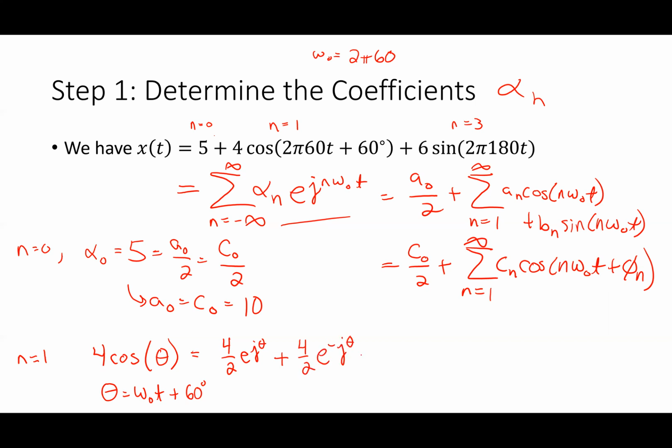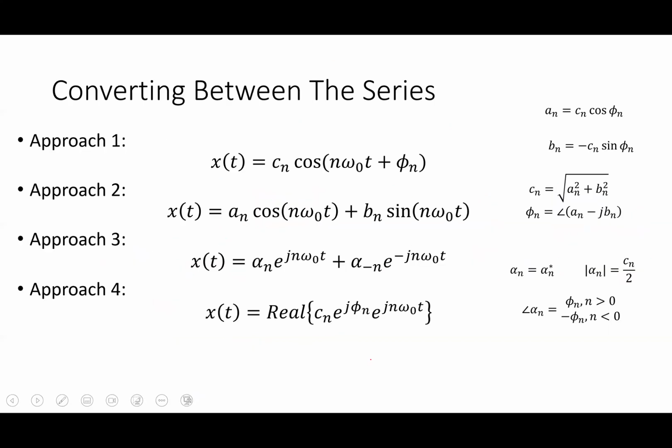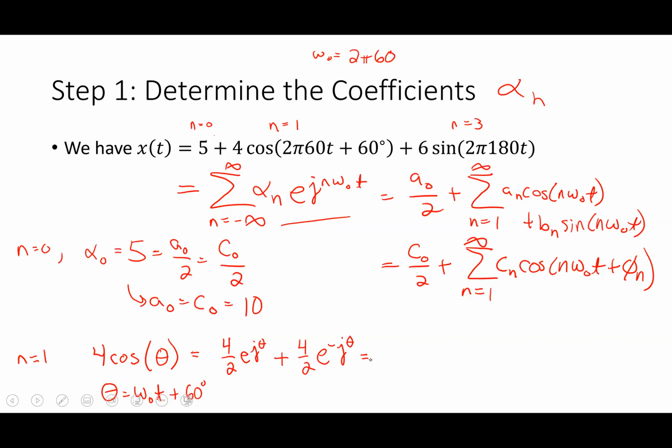If I carry all that through the same way I did here, I end up with 4 over 2 e to the j 60 degrees times e to the j omega naught t plus 4 over 2 e to the negative j 60 degrees times e to the negative j omega naught t. Two vectors that rotate in the complex plane, one forward, one backward, at the same frequency.